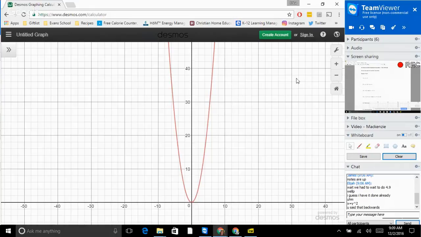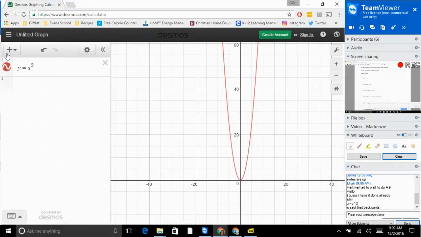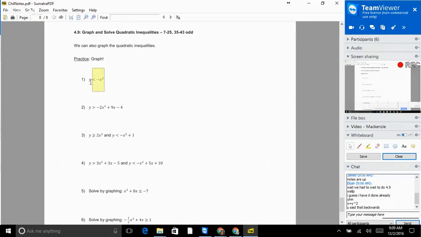So we're going to leave this up here and we're going to talk about a couple parabolas. The first one that we want to graph, I should get my notes out so I don't have to flip back and forth. All right, well, I guess I'll have to flip back and forth. So the first one I want to graph is y is less than negative x squared.